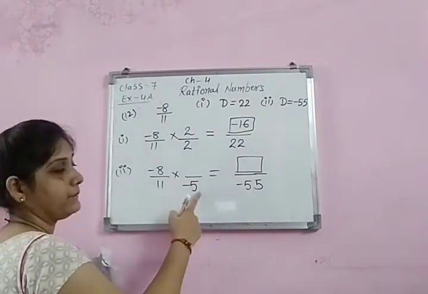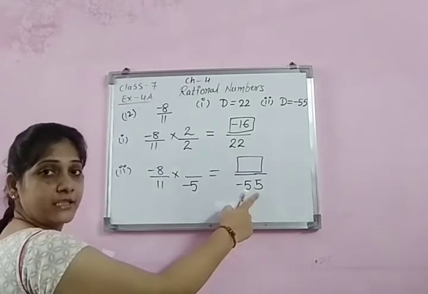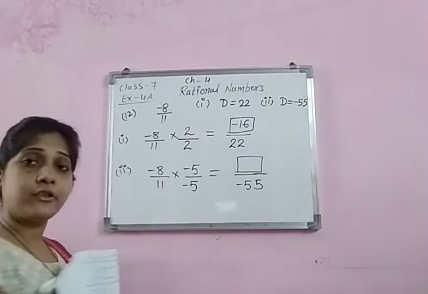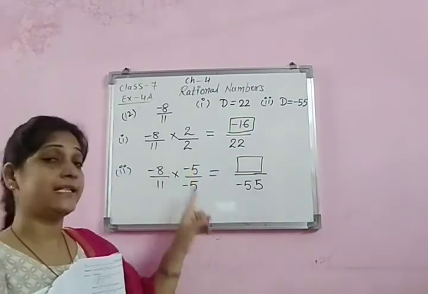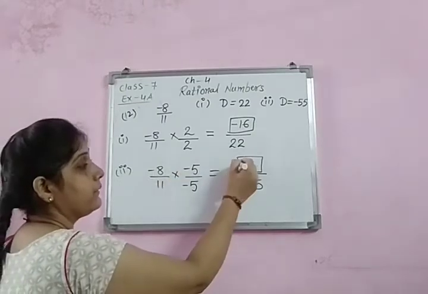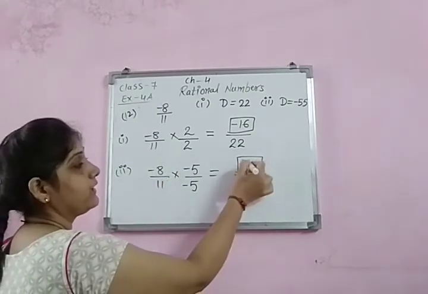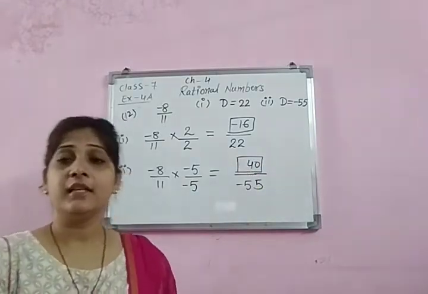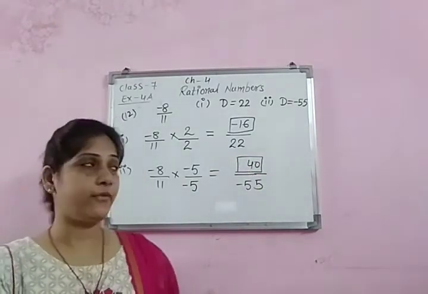So 11 multiplied with minus 5 gives us minus 55. Okay. And in the numerator also I have to write minus 5 because it is the same number. Now let's talk about sign. Minus minus plus. 8 fives are 40. And plus is no need to write. If you write it or don't write it, that will not affect.